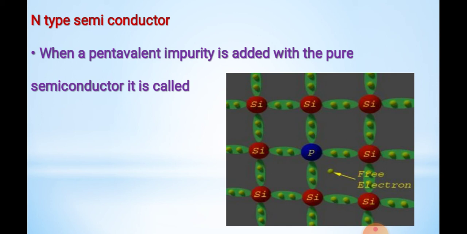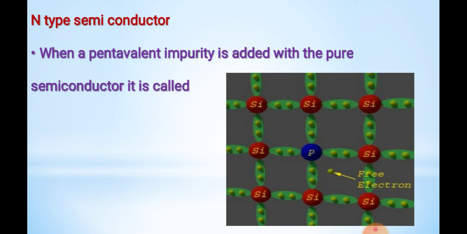Because phosphorus has 5 electrons and 4 are used for the covalent bond, 1 electron will be in excess. That electron is denoted in this diagram as the free electron. Why do we call this a free electron? Because it is not making a bond with any silicon atom, so it is free to move anywhere. If you have a free electron, automatically there will be a production of current.